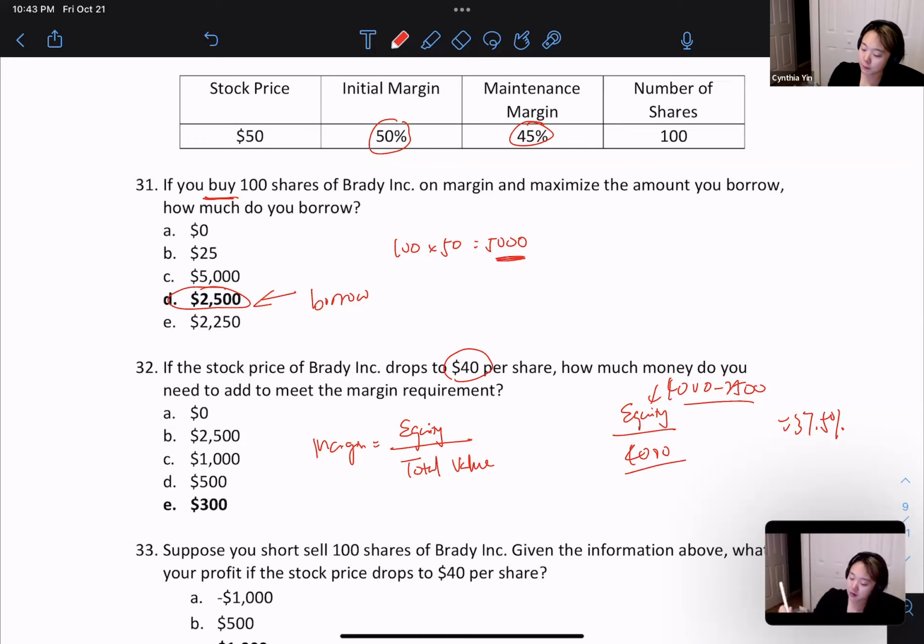And because your maintenance margin is 45% and your total wealth is 4,000, the equity you should maintain is 4,000 times 45%.